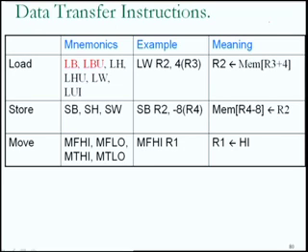So here we are. So let's just try to understand what's up here. So using the terminology that we just saw, LB will stand for load byte. LBU would stand for load byte unsigned.